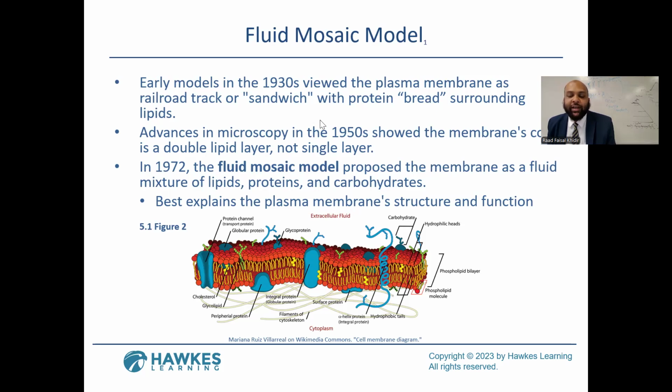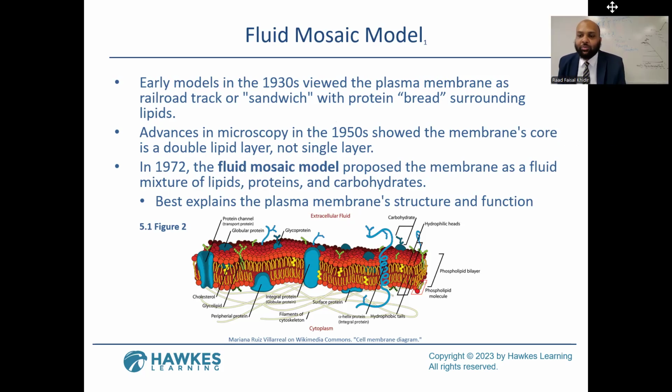With advances in microscopy, like the electron microscope, it showed that the membrane's core is a double lipid layer, not a single lipid layer. And in 1972, the fluid mosaic model proposed the membrane as a fluid mixture of lipids, proteins, and carbohydrates.